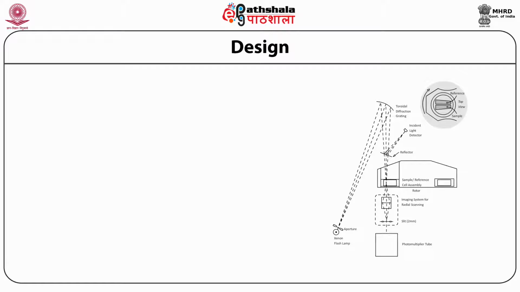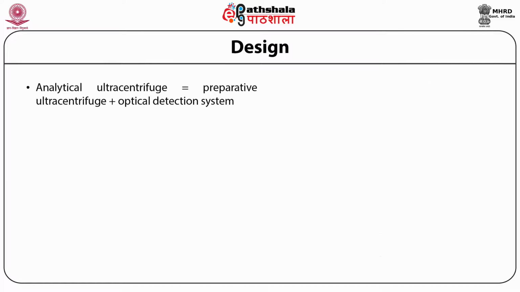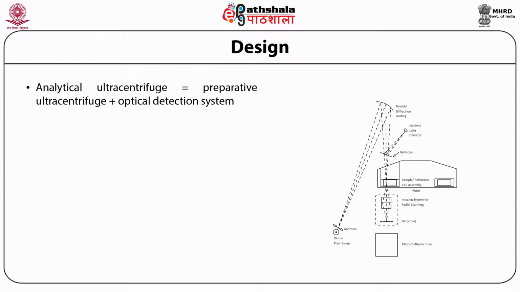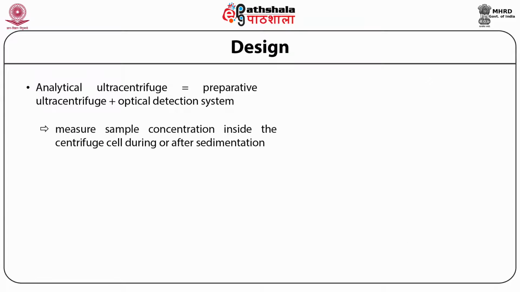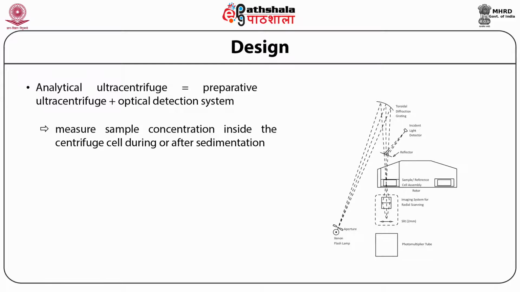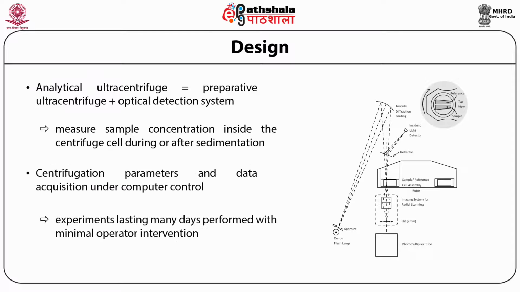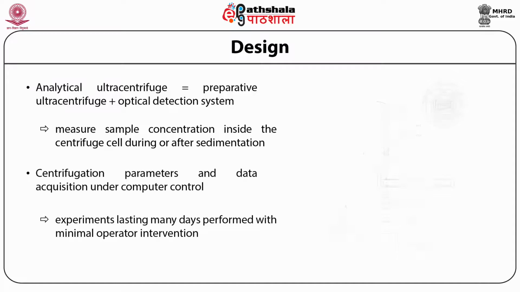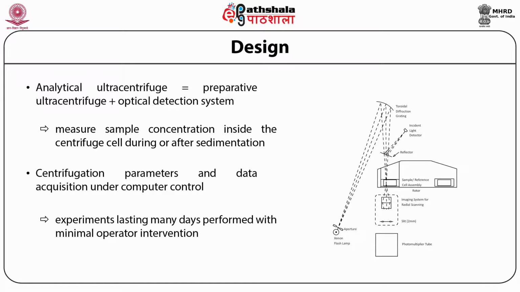You can see here that in the analytical ultracentrifuge there is an optical detection system that measures the sample concentration inside the centrifuge cells during and after the sedimentation. The centrifugation parameters and data acquisition are under computer control, so you can see the realistic picture of the centrifuge on your screen.